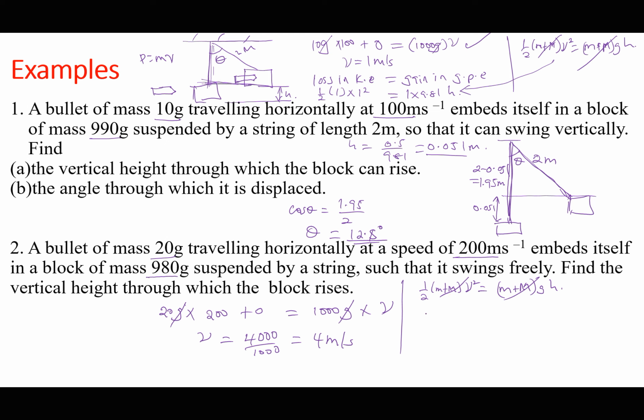In other words, h is going to be 0.5, for a half, times v squared, which is 4 squared, divided by g, which is 9.81. So 0.5 times 4 squared divided by 9.81 gives you about 0.82 meters as the vertical height.